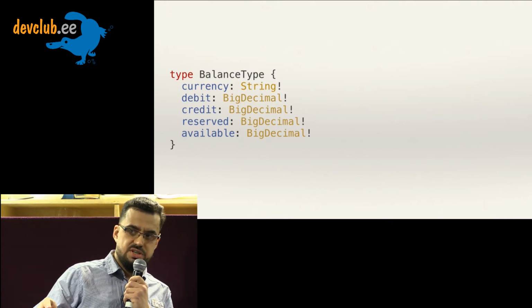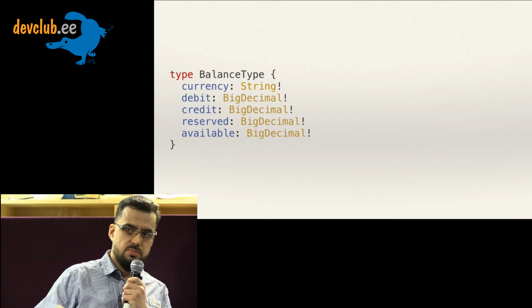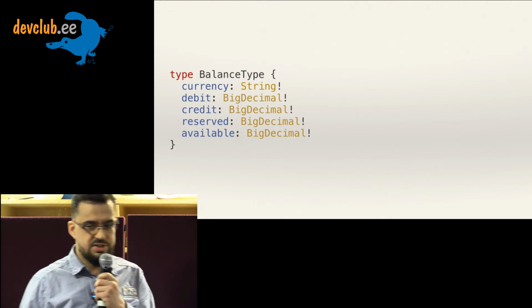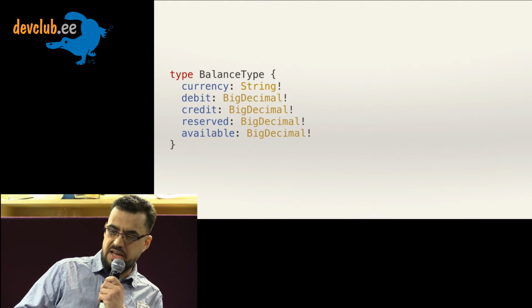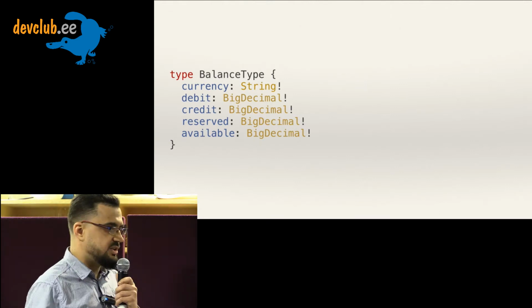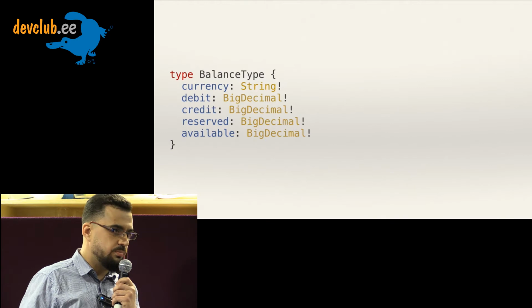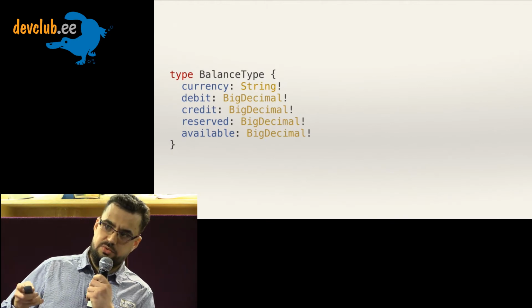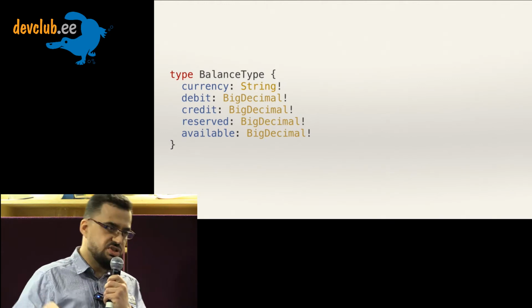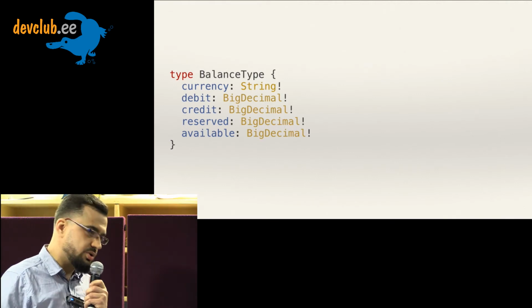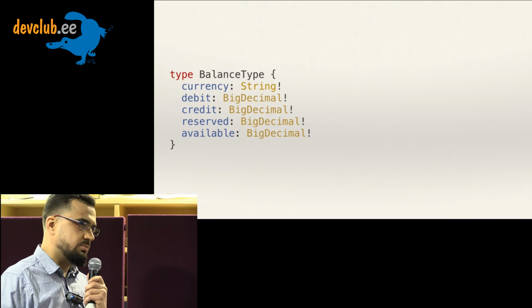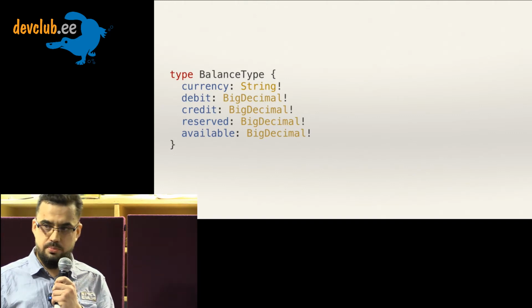Field declaration is made as a field name, field type, and it is divided by colon. Exclamation mark at the end of the type name means that this type is non-nullable. So whenever the instance of this type will be used, GraphQL runtime environment must ensure that there will be a value. Otherwise, error will be thrown.